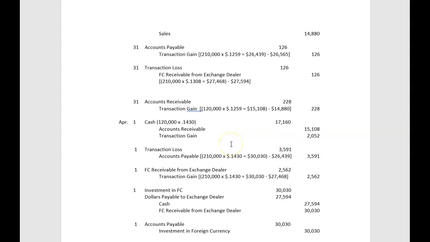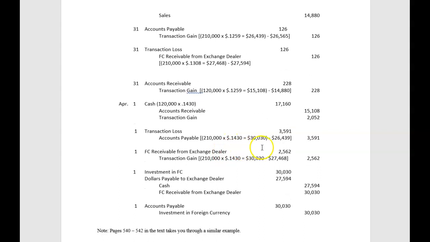But luckily, we had hedged, so we also revalue the forward contract receivable from the exchange dealer, the difference between where that stood at December 31st and the 30,030. So we were able to offset some of the transaction loss because we had entered into this forward contract.